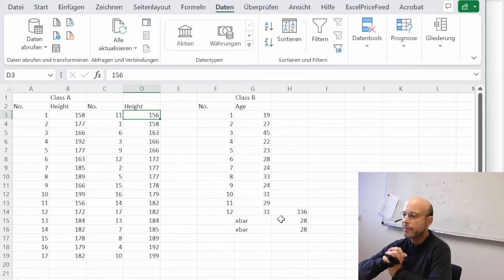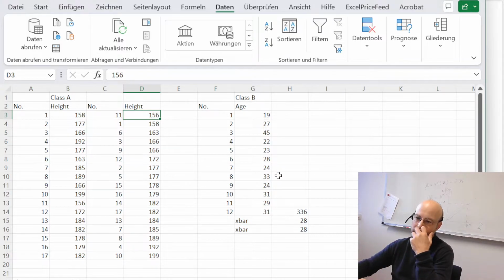So now we have the data in a row. And how do we obtain now the median? Still we have 17 people in class.